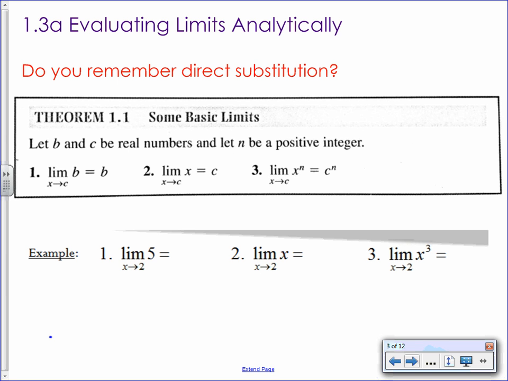Okay, we know graphically that if we have a coordinate on a curve, that's where our limit is going to be, right? So if we know where the coordinate is, then we know our limit. So if we have the limit of a constant function, which is just a horizontal line, our limits are going to be the same wherever it is.